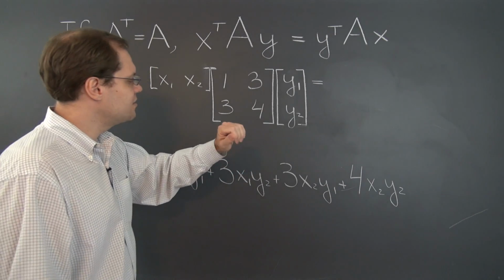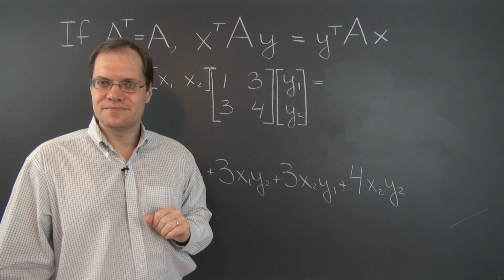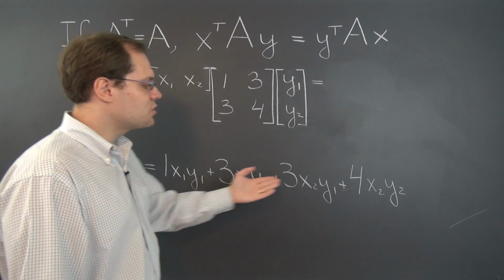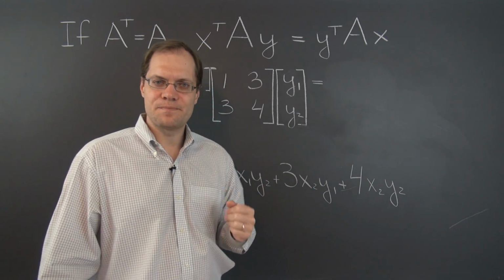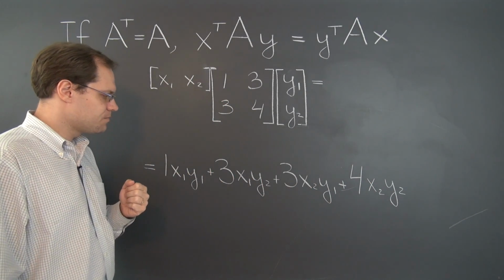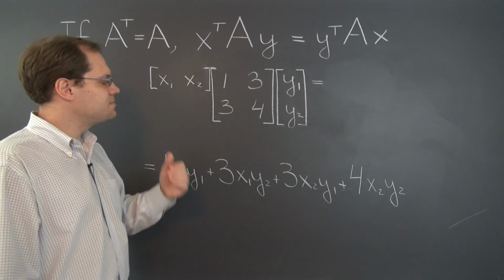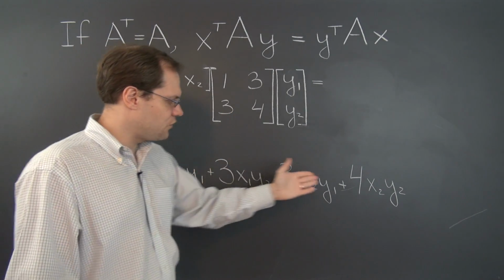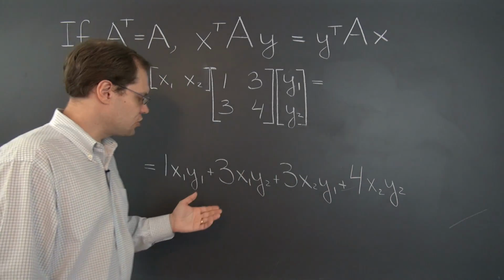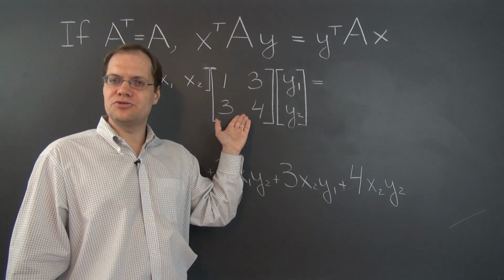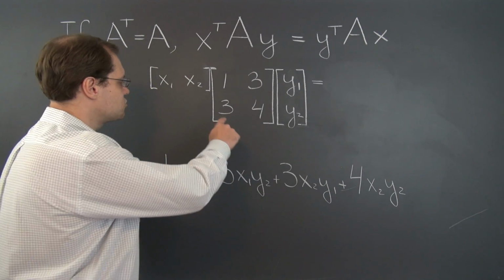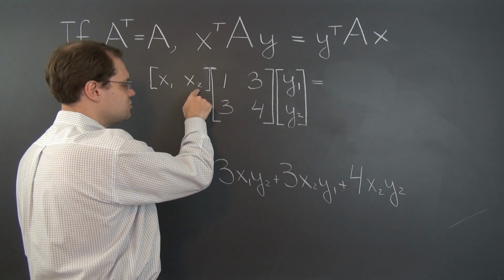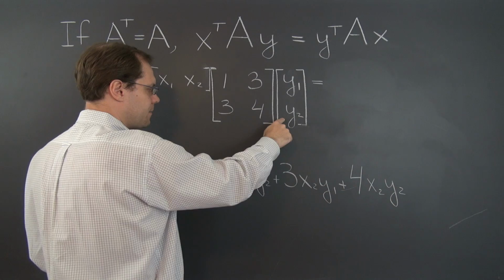So let's start with the entry by entry approach, and we've already discussed what the answer looks like. The answer is a single number that's the sum of as many terms as there are entries in this matrix. So that's why I have 4 terms here. And each term corresponds to an entry in the matrix. And that entry pulls out one entry of x and one entry from y.